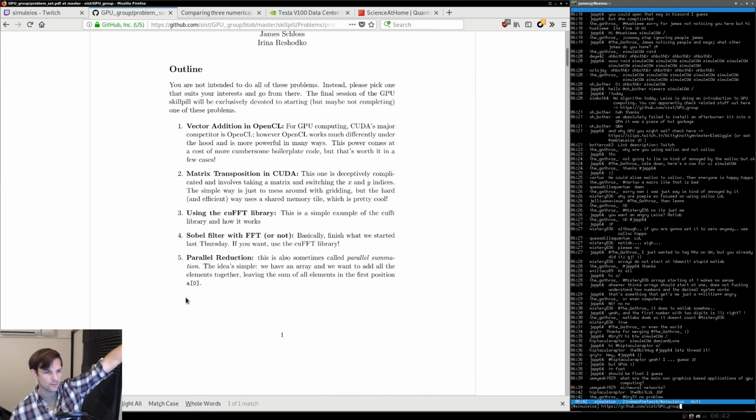So here are the problems available. Again, I went through them just a second ago, but like vector addition in OpenCL, matrix transposition using cuFFT, Sobel filter with FFTs, parallel reduction, this is all kind of here. For the skill pill we went through, we also did an example on filtering, Sobel filtering in particular. So we basically just read in an image, did some Sobel filtering, stuff like that.